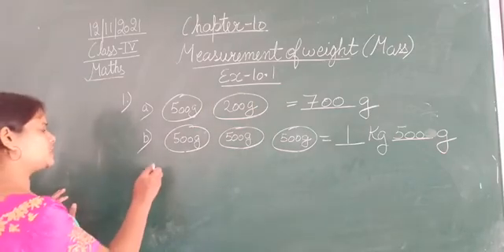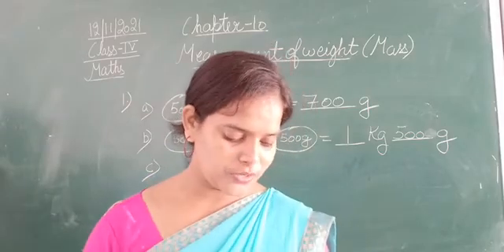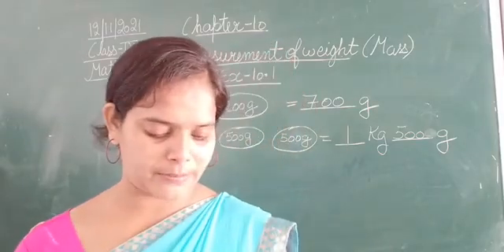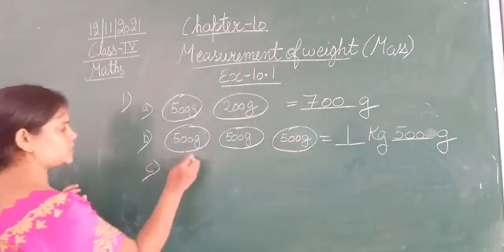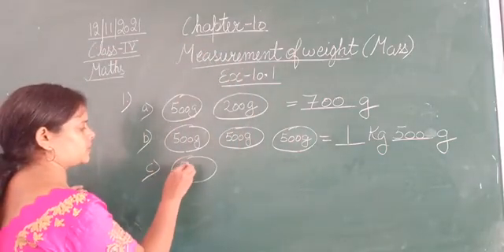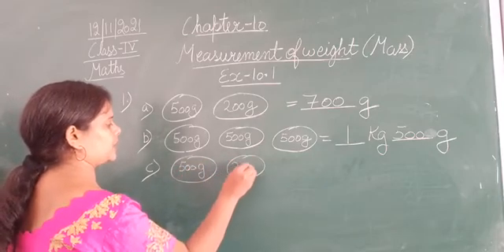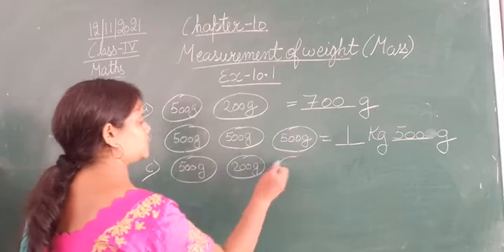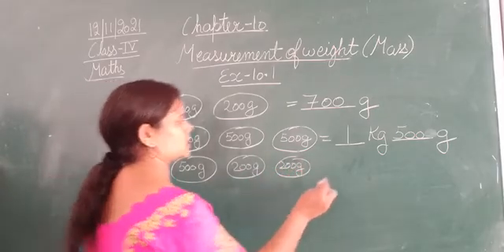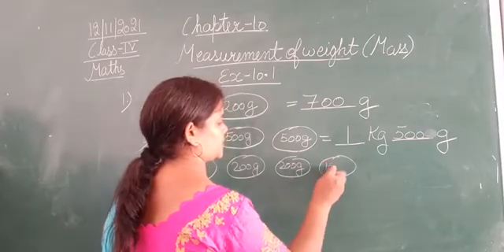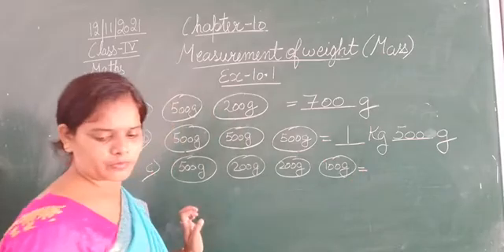Moving next to the C1. In the C, the first weight is of 500 gram, then 200, 200 and 100. The first is of 500 grams, then 200 grams, then again 200 grams, and next 100 grams. So what is the total weight?